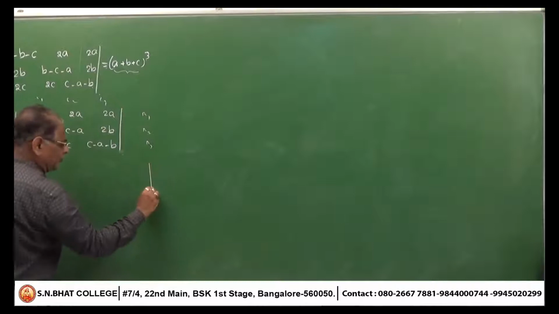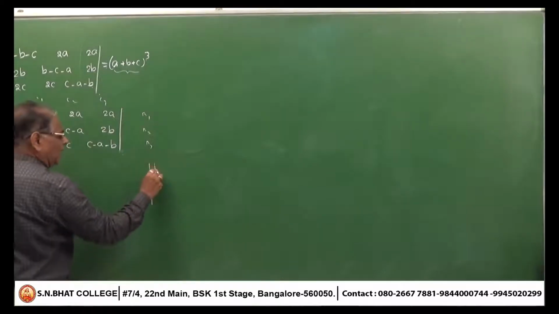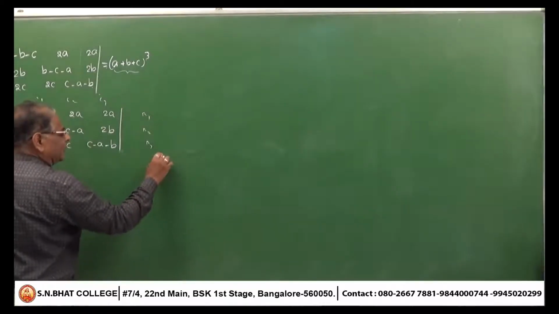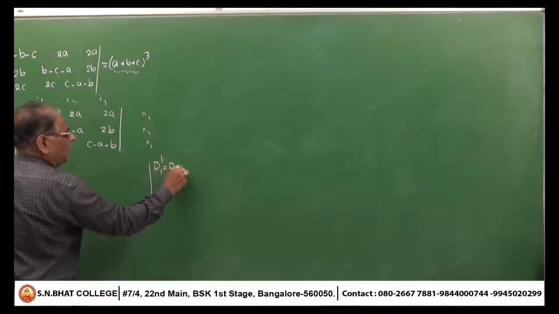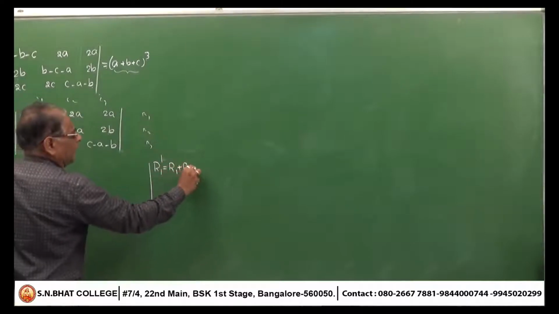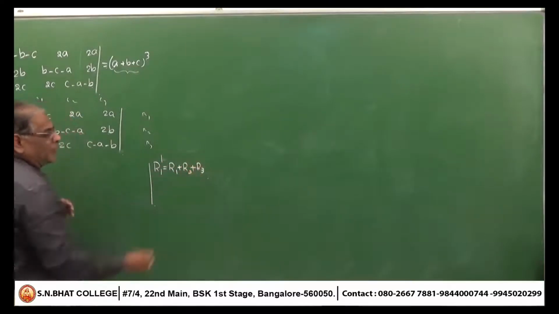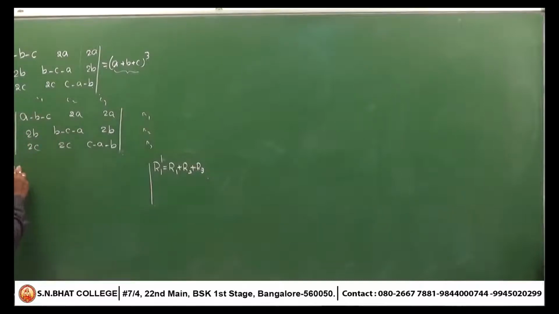Therefore, if you add all the 3 rows, write it in R1: R1 dash is R1 plus R2 plus R3.